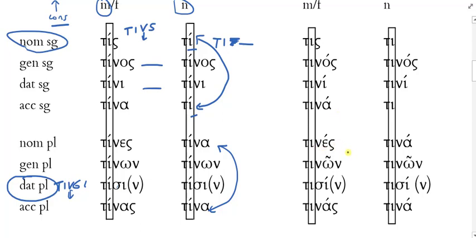Tines, anyone, or is it anyone's? No, okay, all right, you can't make that plural, right? Anyone. Tinon, of anyone, or of any people. Tissi, to anyone. And tinas, just anyone, but a plural set of anyone, any group.